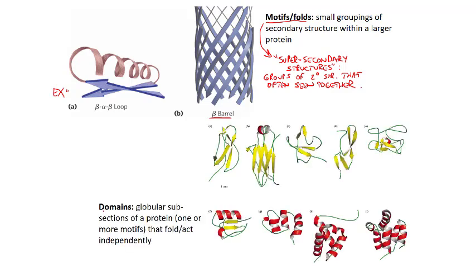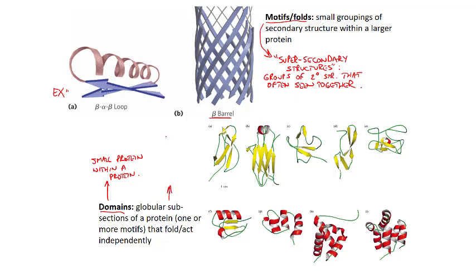Related to motifs or folds is the concept of domains. So a domain you can think of as a small protein within a protein. So it's a little globular subsection of a protein that can fold and act independently.